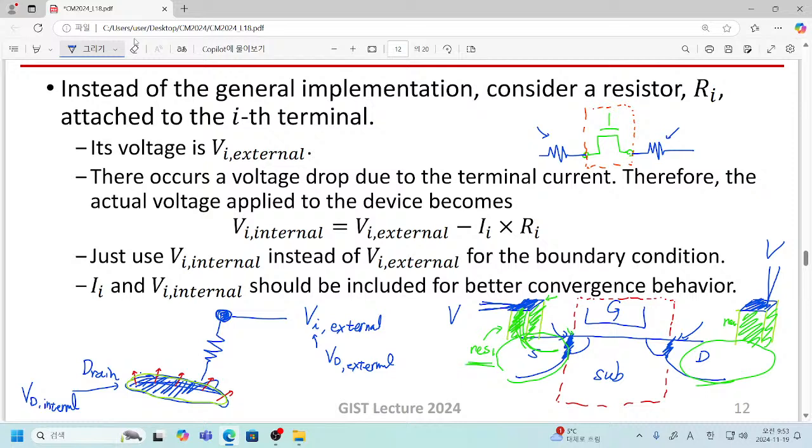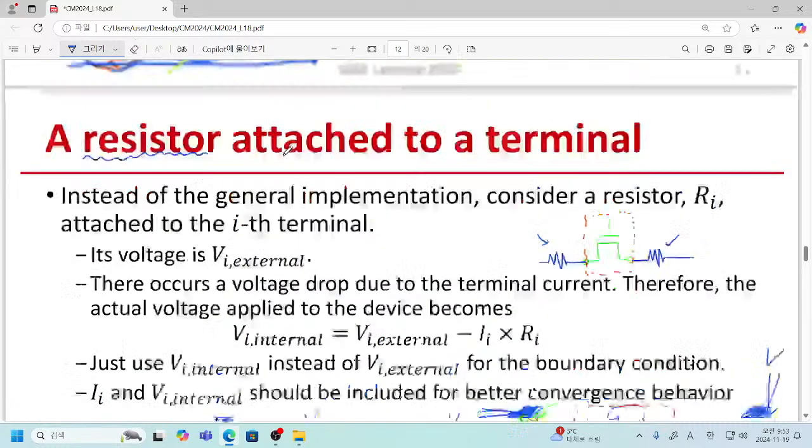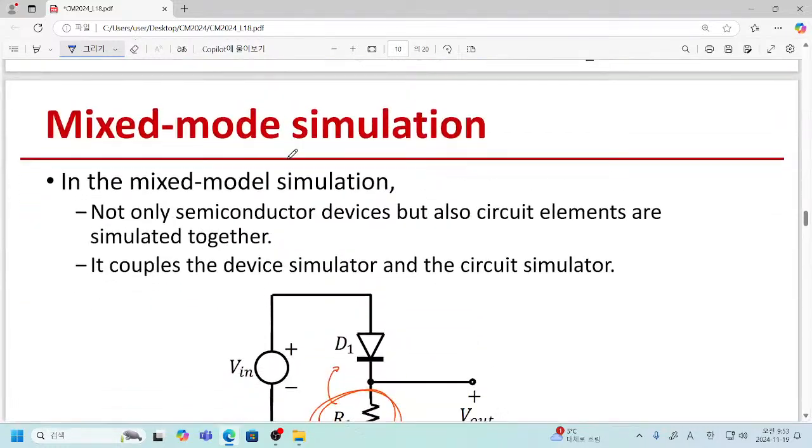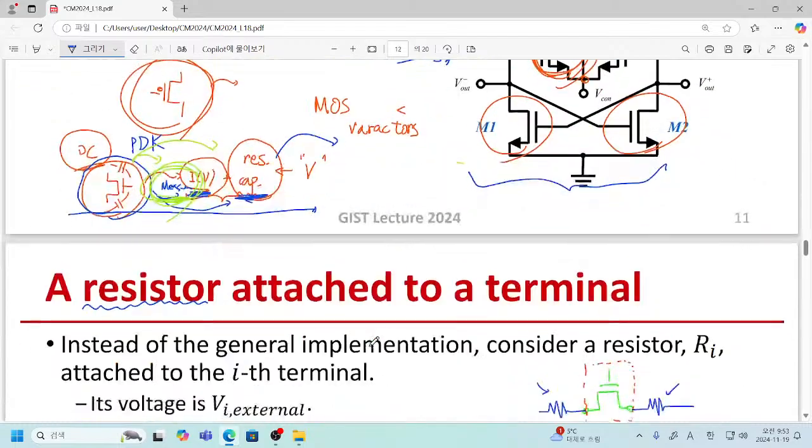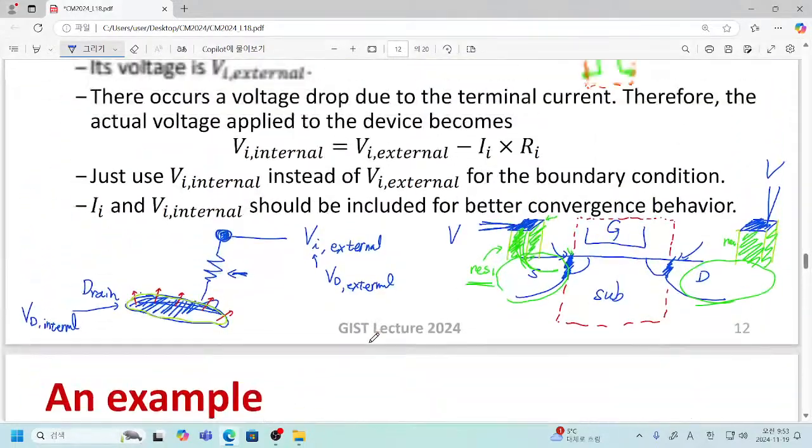Following that way, we can introduce this kind of another lumped element. So this one sometimes can consider all kinds of parasitic components, or sometimes it can represent this intentionally added lumped element. So they can be expressed in that way.